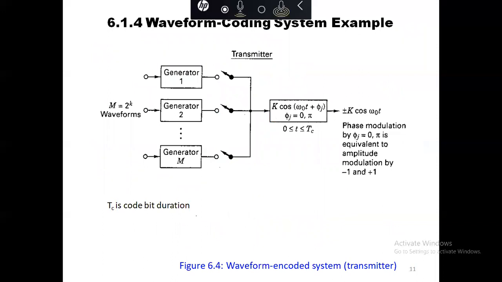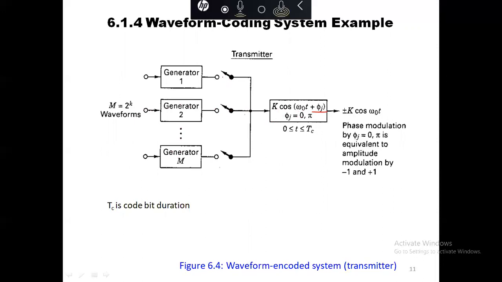Waveform coding system, in which we are generating the waveforms. M waveforms are generated for M equal to 2 raised to k possible symbols, and these waveforms have 0 and pi shift.